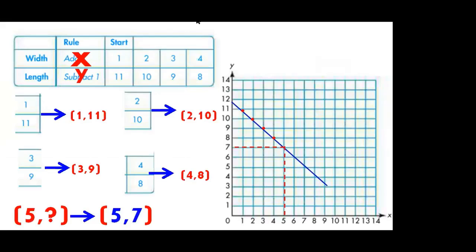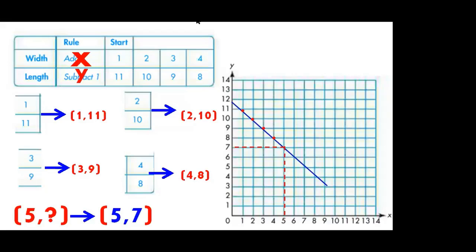Okay, my dear. We have a table from the first. You see the table? We abbreviated the first element, the upper one, with X. X stands for width. And the second element, the second row in the table, is abbreviated by Y. Length is abbreviated by Y. And I deduced an ordered pair from the table for each column.